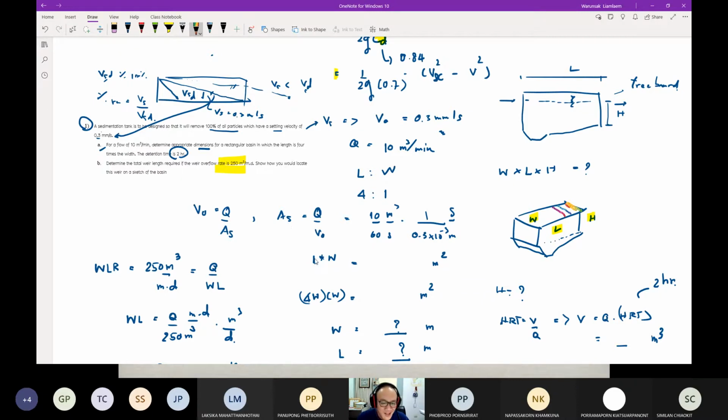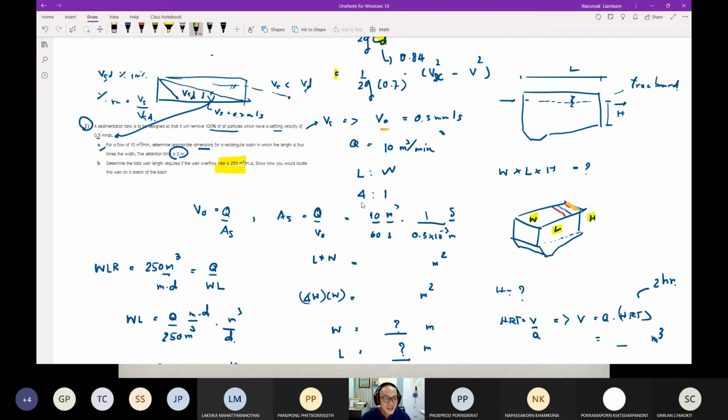The surface area is equal to the length times the width. But the length is 4 times the width. Accordingly, you can find out the width and the length with respect to these values. So now you can obtain the length and width from the overflow velocity or the overflow rate.